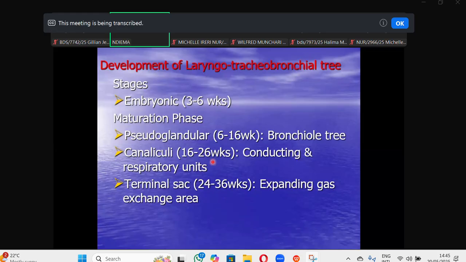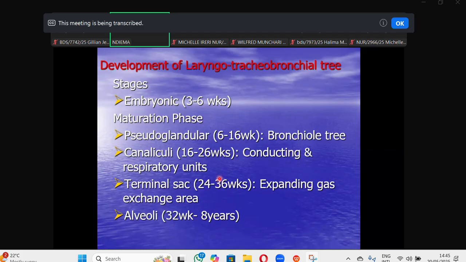So by week 32, there's adequate surfactant for the baby to survive outside the uterus. So this is what we have as the terminal sac stage. Already, we have alveoli formed, we have type 1 pneumocytes formed, we have type 2 pneumocytes formed, and therefore you can have survival of the fetus.